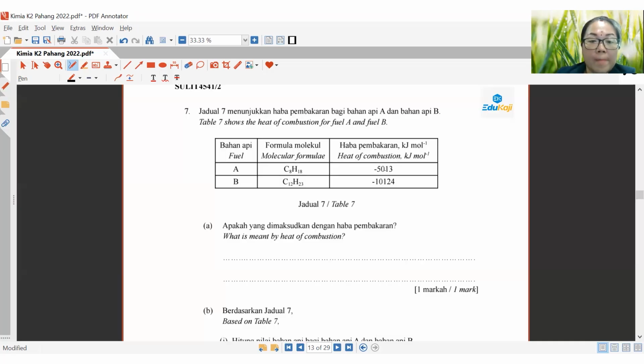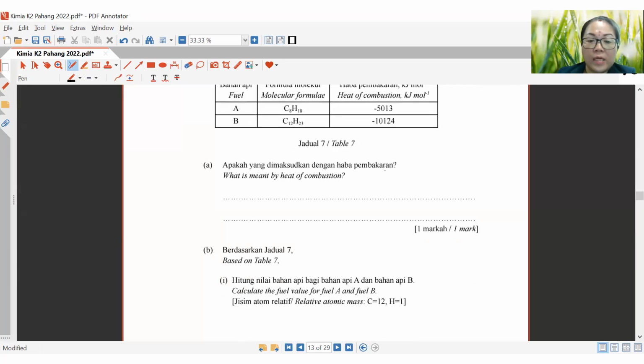Whereas fuel B has a molecular formula of C12H23 at negative 10,124 kilojoule per mole.